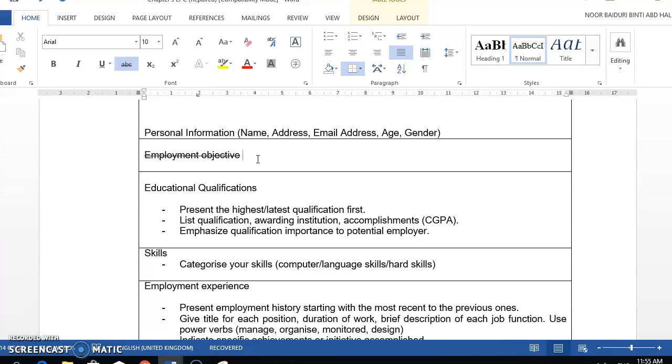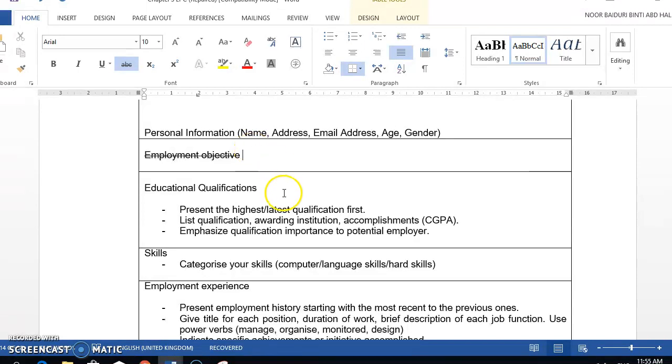So in order not to come up with the risk of you writing incorrect grammar, we can actually omit this part. Okay, because it's very obvious that you're preparing this resume to secure a job.